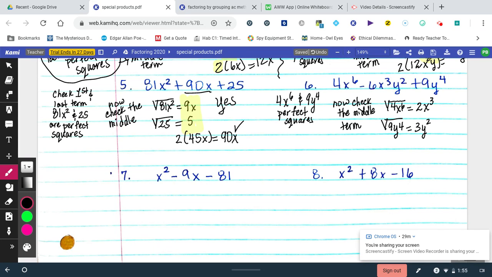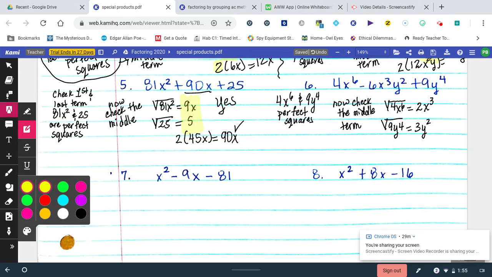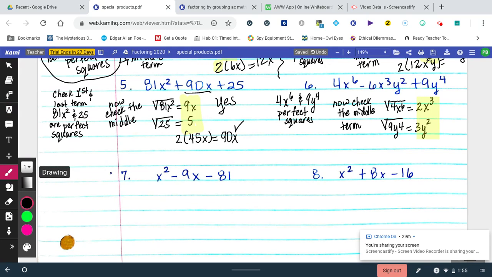Now, the rule says that if it's a perfect square trinomial, then your middle term is twice that product. So let's figure out what that product is. This product ends up being 6x cubed y squared. Okay, but the middle term should be twice that.